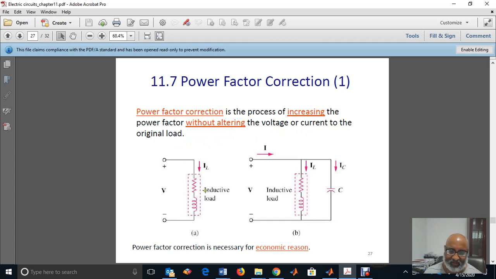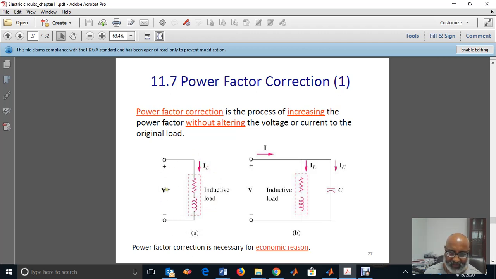So that means, for example, if I have a load here, this is an inductive load. This can be, for example, our AC, the air conditioning. We model it by an inductive load, or it can be a refrigerator or some other load. So we have an inductive load here. Then I have the load current IL, and we have the voltage across it.